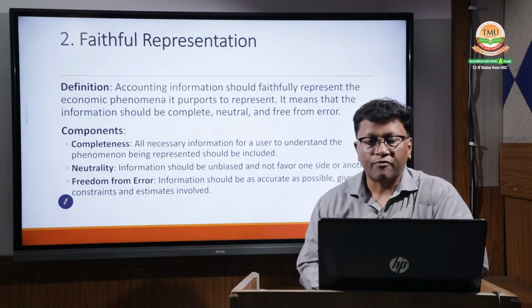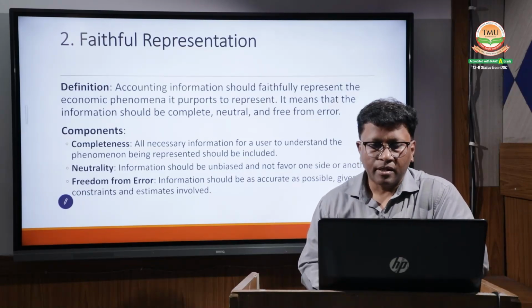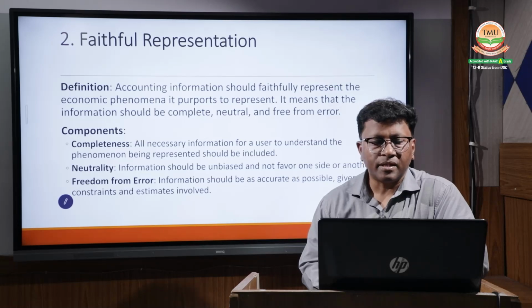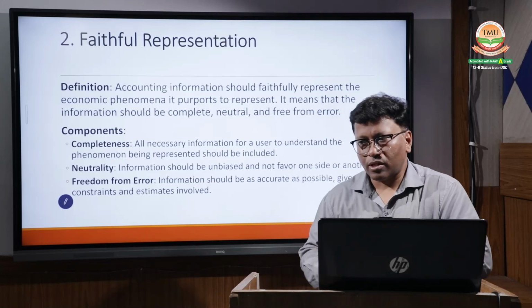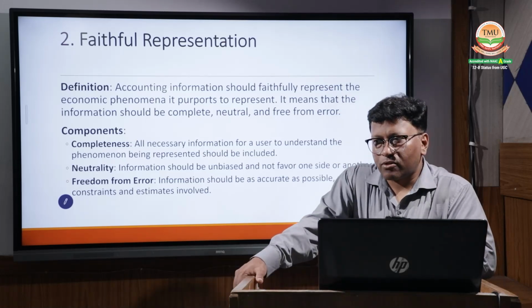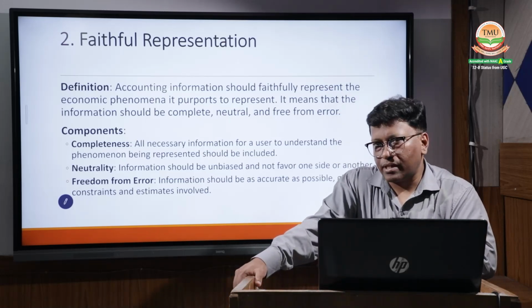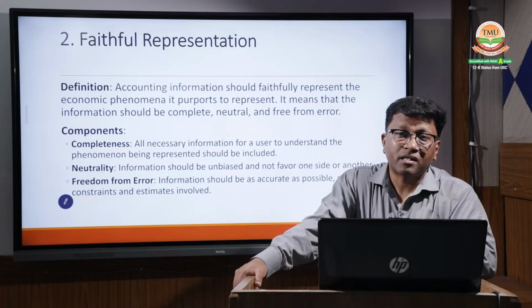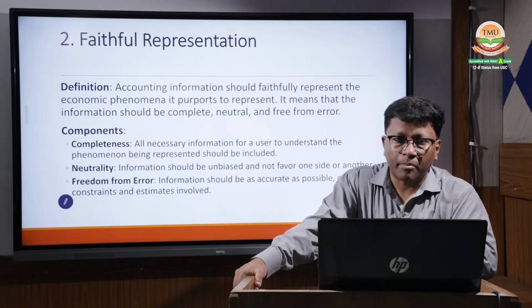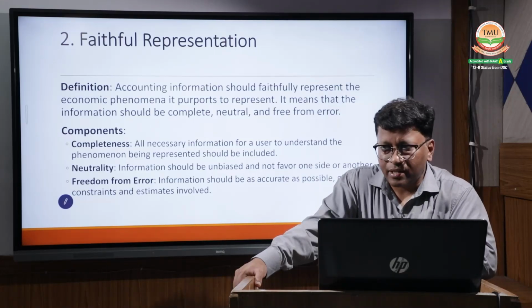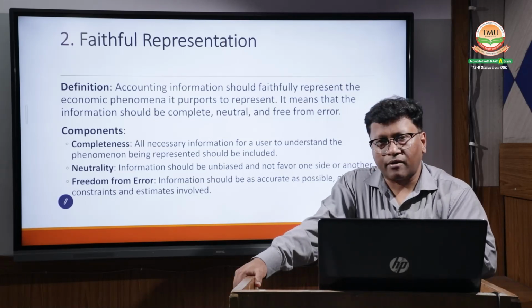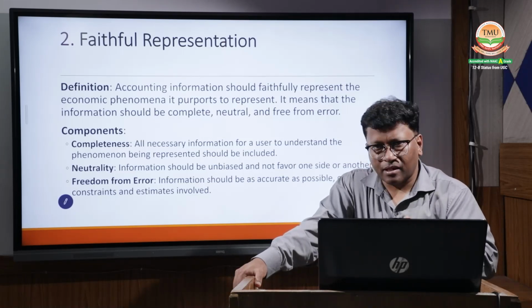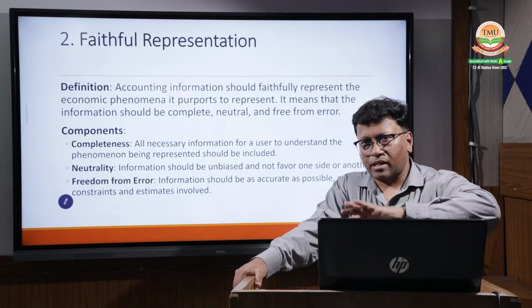Accounting information should faithfully represent the economic phenomena it purports to represent. It means that the information should be complete, neutral, and free from error, right? Because the users of accounting definitely are desirous of having the true picture of the business, and if there are errors in the accounting systems and they are not capable of gathering the information in a true sense or the exact position of the business, they are not aware of the business position through that accounting system.